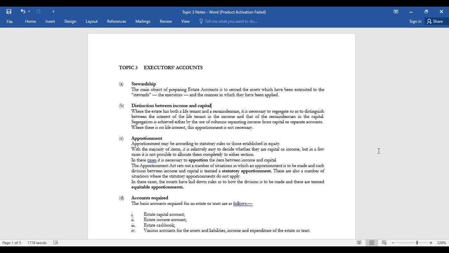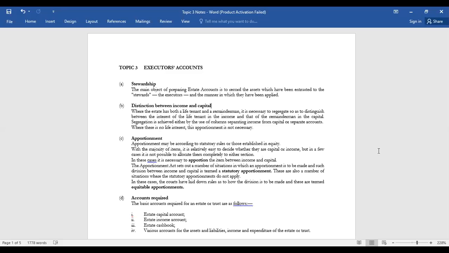Now, with the majority of items, it is relatively easy to decide whether they are capital or income. Only in a few cases is it not possible to allocate them completely. And in this case, it is necessary to apportion them between an income item and a capital item.